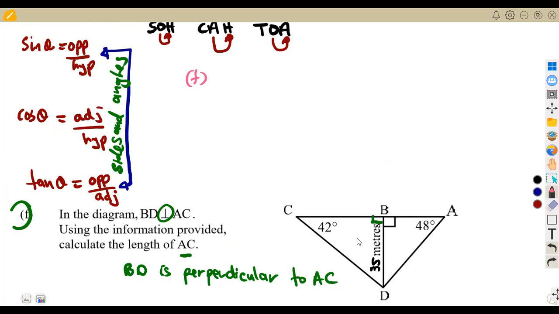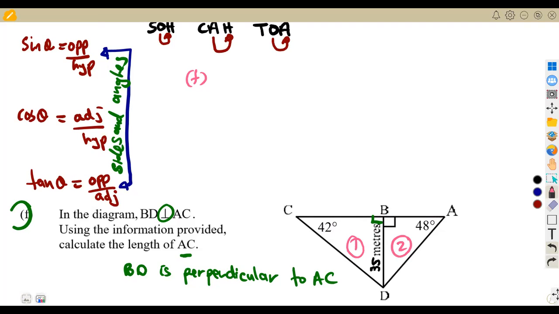So we've got two right angle triangles, CBD and ABD. We can use the first triangle to calculate the side CB, and the second triangle from our ratios to calculate side BA.